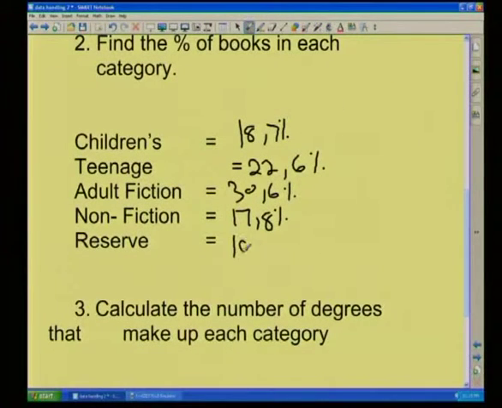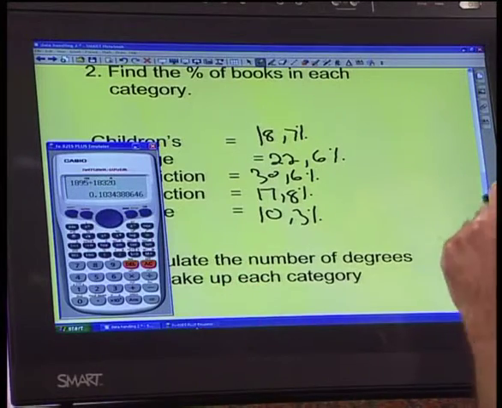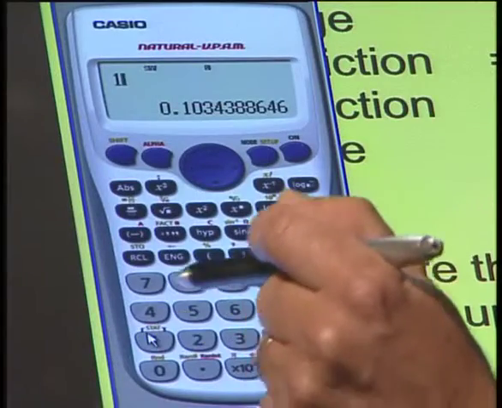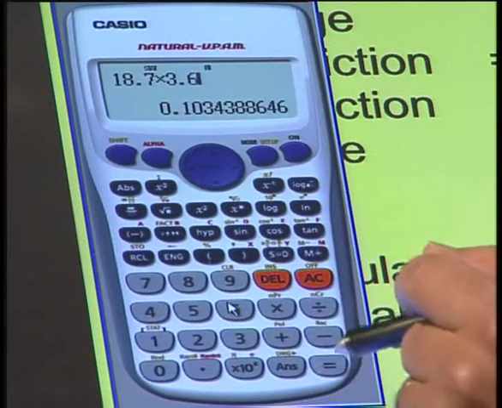Now we have the total percentages for each of the books. Again, we're going to now have to calculate the degrees that each of these percentages represents. Remember, 1% was 3.6 degrees. So to do this, we have to take each percentage and multiply by 3.6. 18.7 times 3.6.